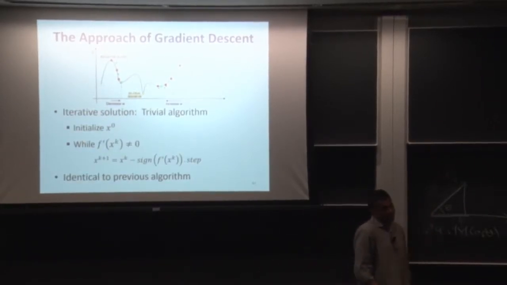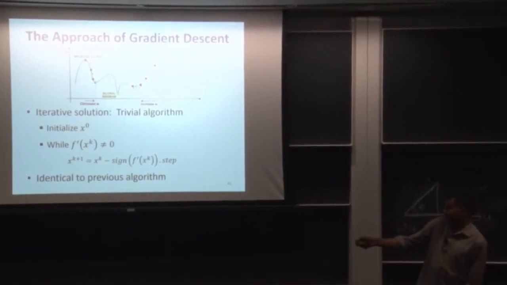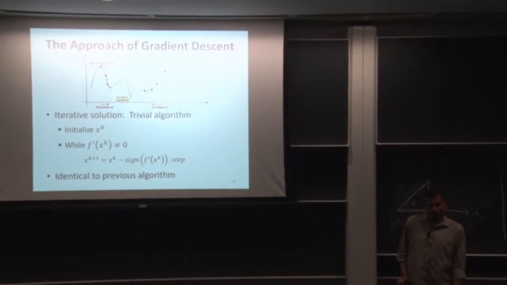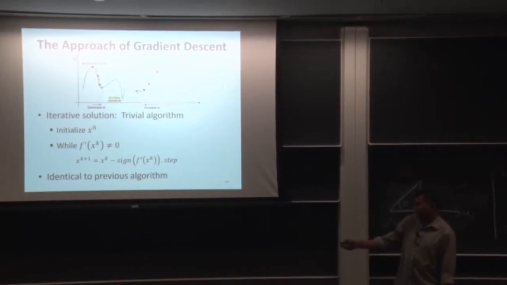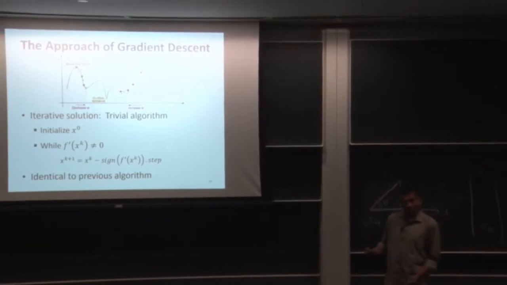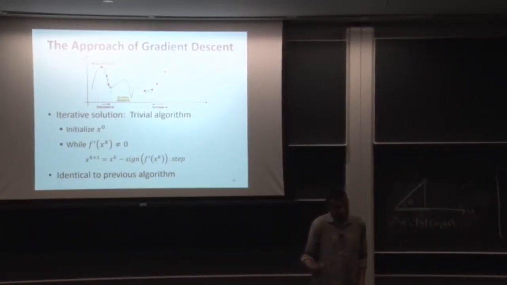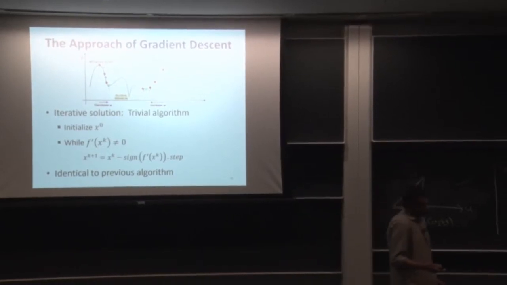Now I can rewrite it differently. Instead of using an if clause, I can just multiply by the sign of the derivative, and it's the same thing. So if the derivative is positive, I'm taking a step backwards. If the derivative is negative, the sign of the derivative is negative, minus and minus is plus, I'm taking a step forwards. So this is still the same equation, same algorithm.